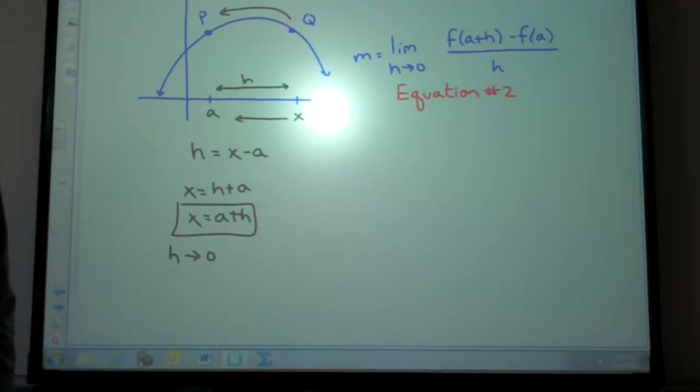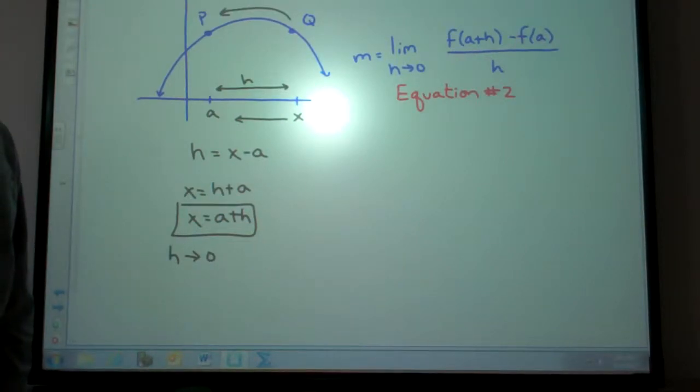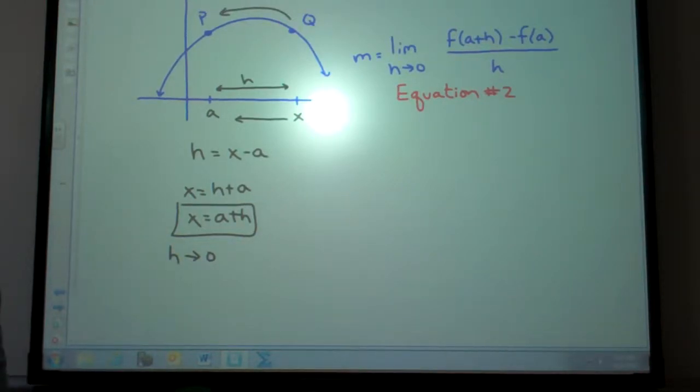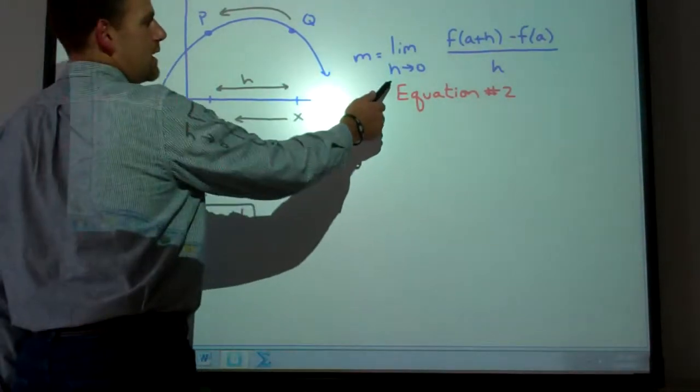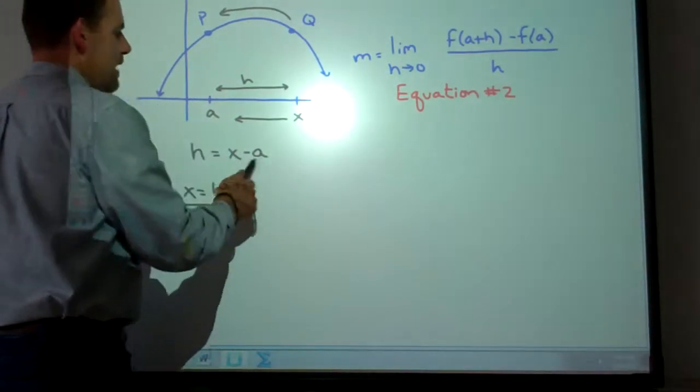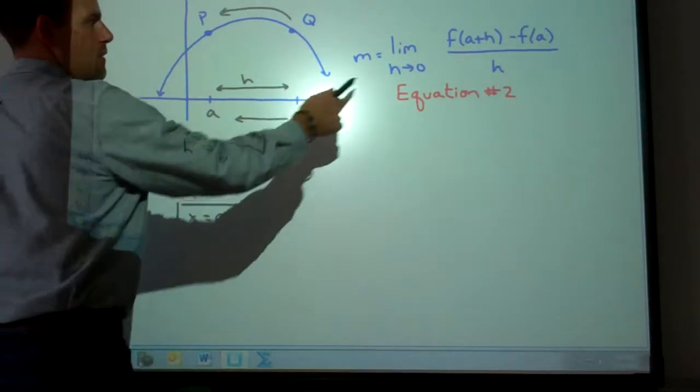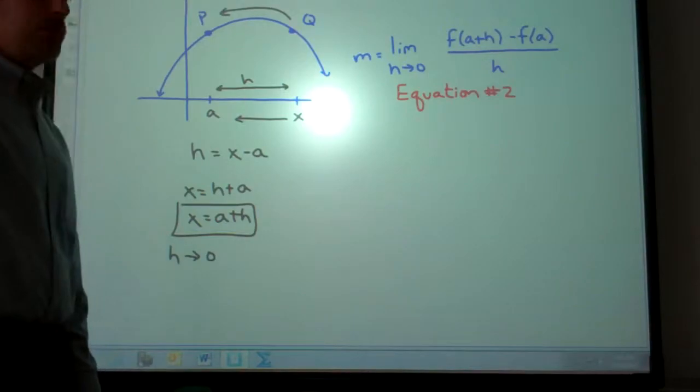If we go back to the first definition, definition 1, and swap some things out and change the limit, we get essentially the same problem with different letters. Since X minus A is the same as H, instead of X approaching A, we let H approach 0.